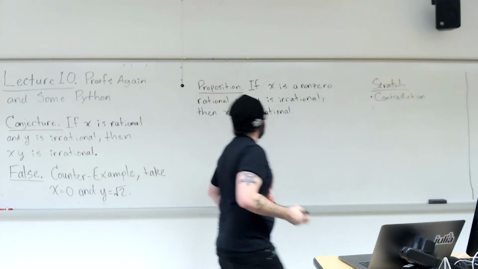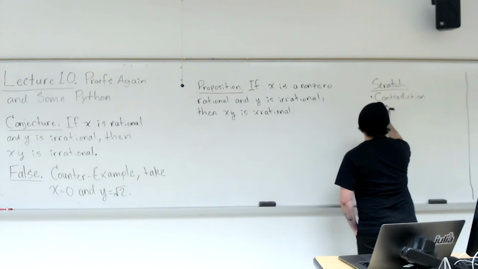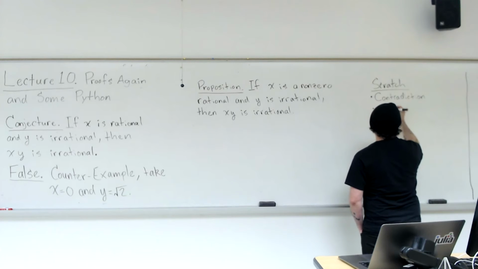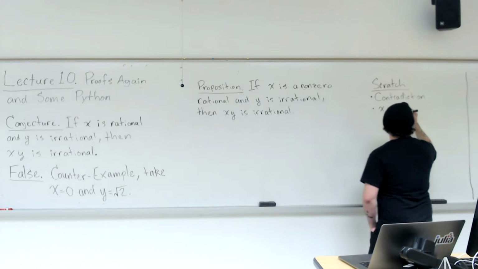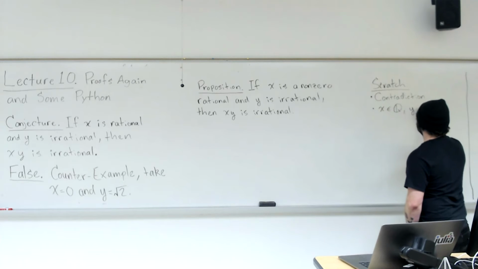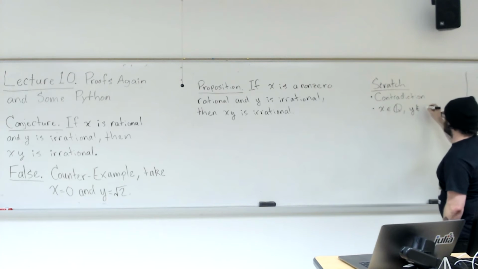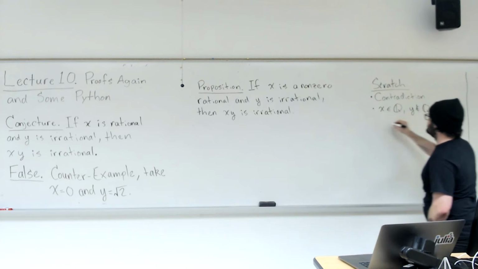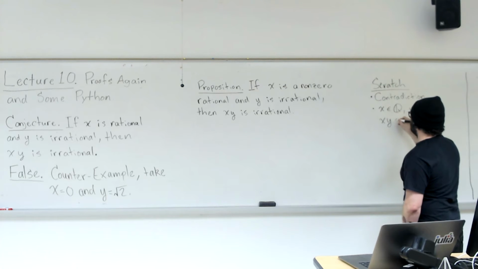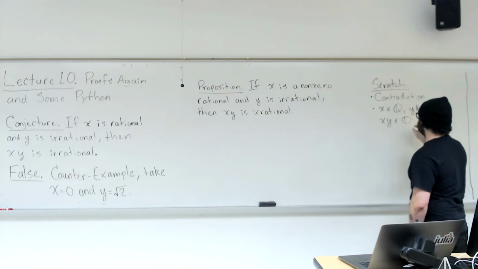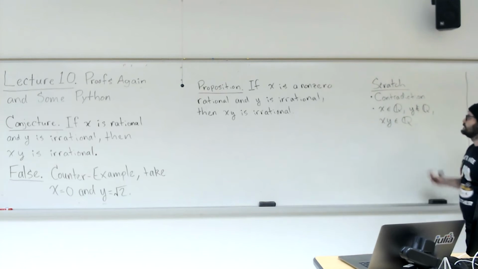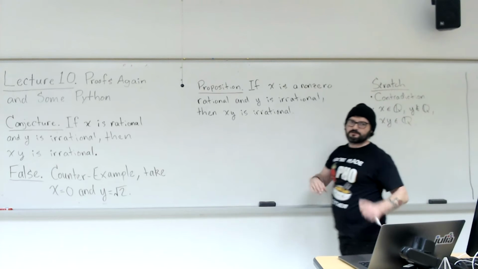So you'll assume that x is rational, y is not rational, and x times y is rational. So that's what all of you assumed, right? I'm not writing the non-zero part to illustrate the point.